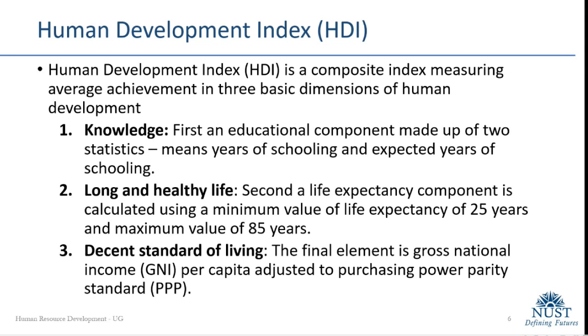GNP tells you what the nationals of that country produce. So GNI or GNP would measure if a Pakistani is living in UAE and sending back remittances, GNP will incorporate that. If somebody is living in Pakistan from Afghanistan, for example, and sending back some remittances home, GNP will subtract that.